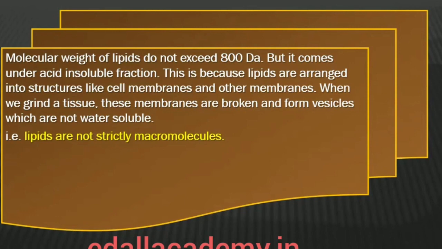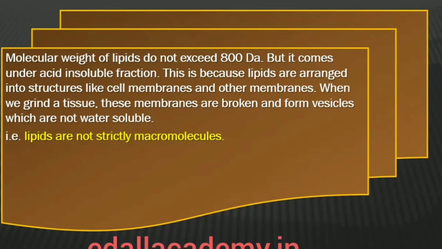When we grind a tissue, we are disrupting the cell structure. The cell membrane and other membranes are also broken into pieces and form vesicles which are not water soluble. Therefore, these membrane fragments in the form of vesicles get separated along with the acid insoluble pool and hence are in the macromolecular fraction. Lipids are not strictly macromolecules.